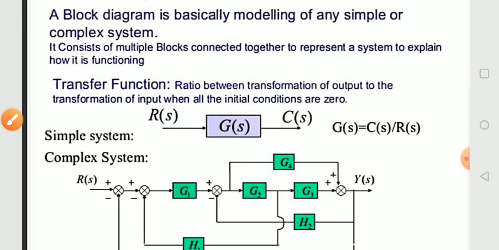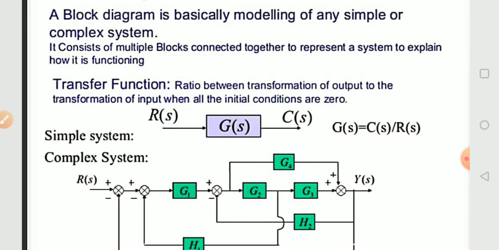Now the third element is the branch point. It is a point from which a signal flows concurrently to other blocks.